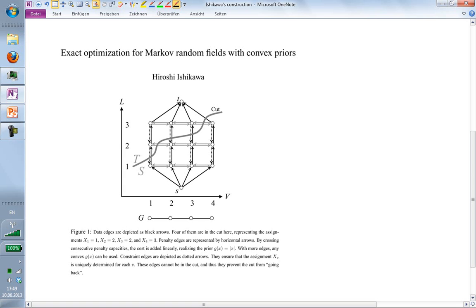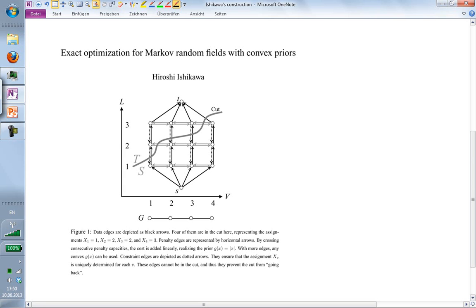But beyond that, I have the smoothness terms. And here, for example, where the final labels are 1, 2, 2, and 3 for the first, second, third, and fourth pixel, note that the cut goes through several of these smoothness arrows.